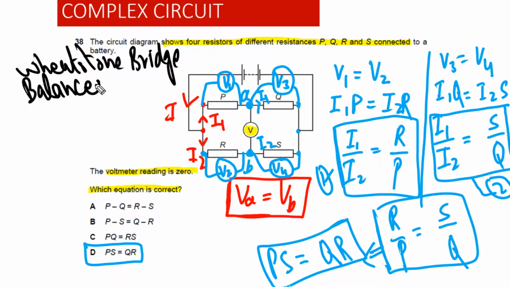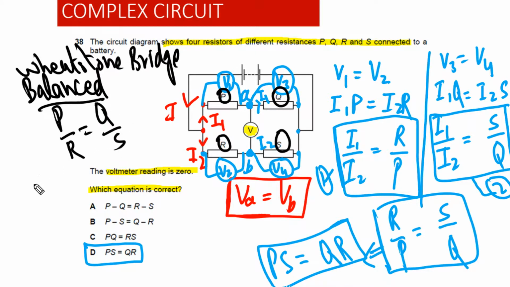If the Wheatstone bridge is balanced, then the ratio between this resistor and this resistor, P and R, is always equal to the ratio between the next two resistors, Q and S, Q over S. So then we can simply find our answer that PS will be equal to QR.